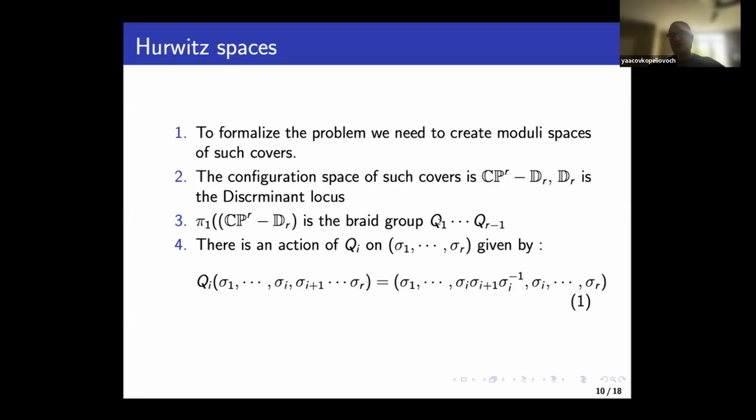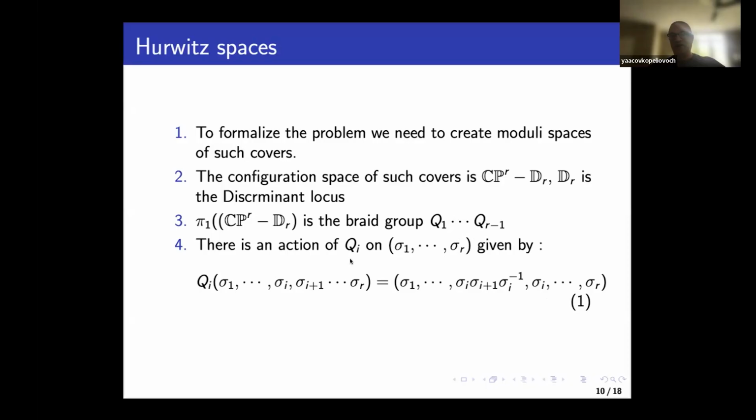I will just say that you have Q1 to Q_{r-1} generators, and these are the famous braids, where you basically swap points i and i+1, and this creates this group. Now, there is an action of Qi on this set of permutations. And the action of Qi is actually very simple. You just take sigma i, you move it to the next place, and then you conjugate sigma i+1 by sigma i, and you move it back.